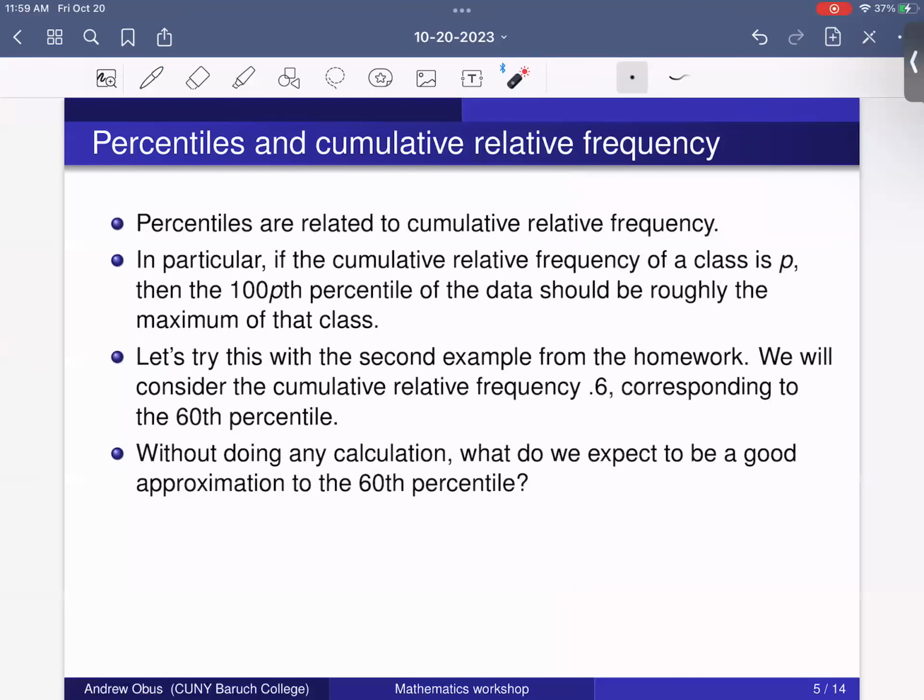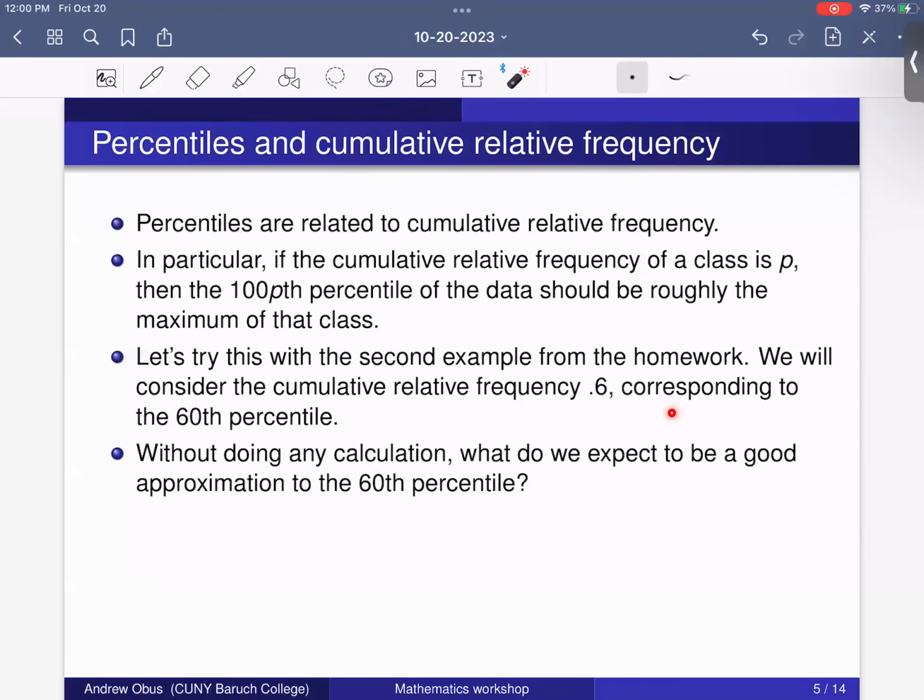In particular, if the cumulative relative frequency of a class is p, then the 100 times p percentile of the data, so like if p is 0.6, then the 60th percentile, that's what 100p is, should be roughly the maximum in that class. It's not going to be exact, but if you have a really big data set, like hundreds and hundreds of data points, then it will be very close to exact.